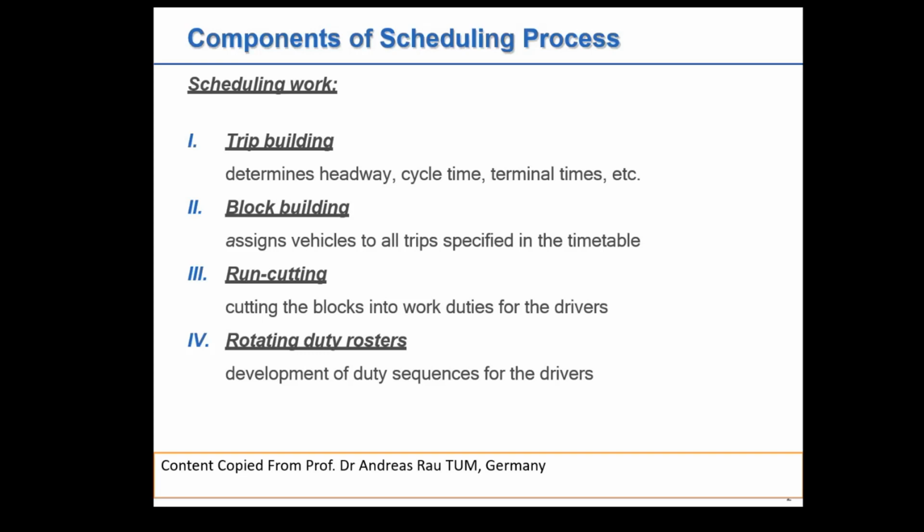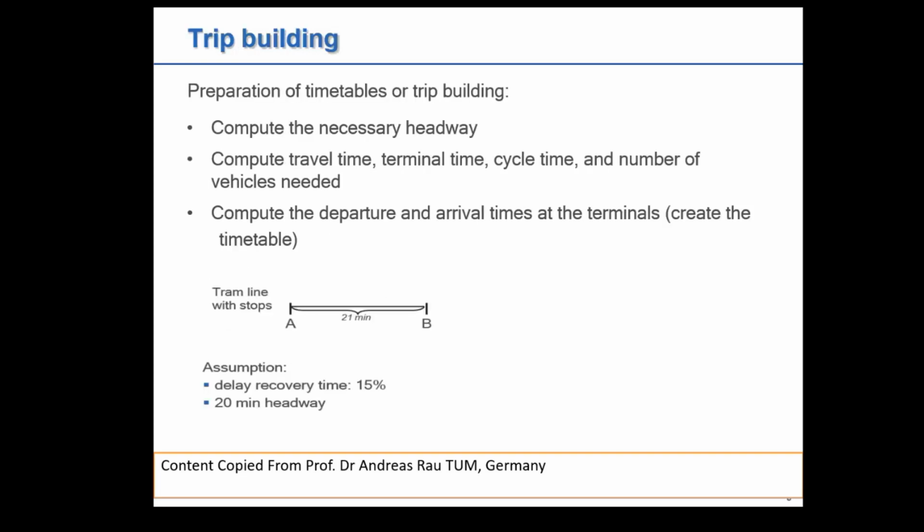Now we are trying to understand trip building with an example. As you can see here, we have origin A and origin B. The total distance between those two points we can cover within 21 minutes.